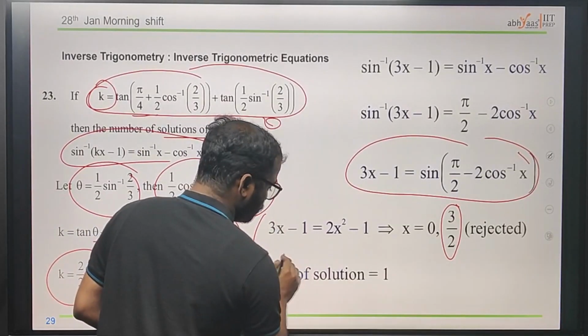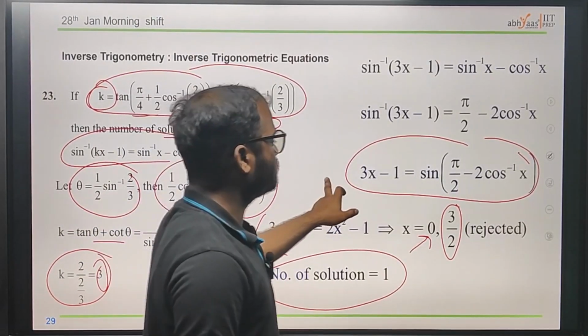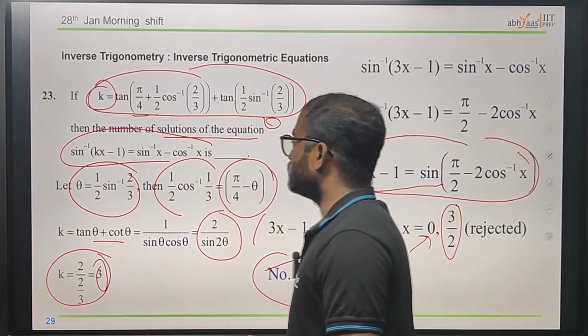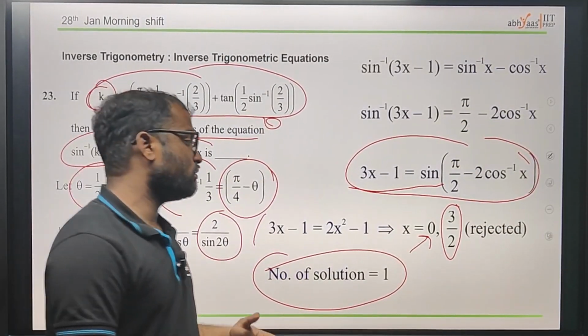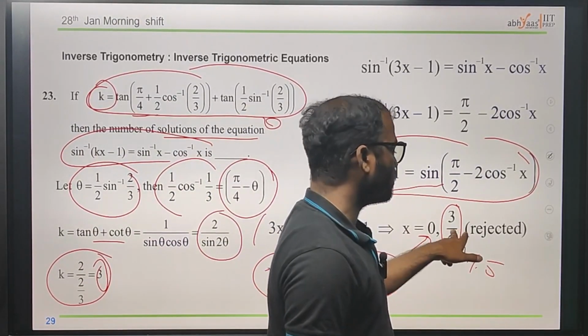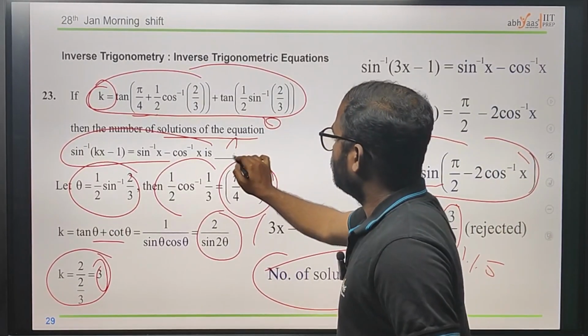Therefore only one solution, which is 0. One is the answer.